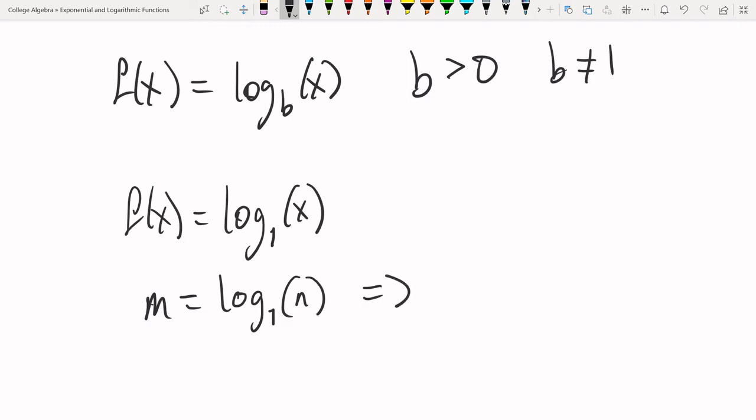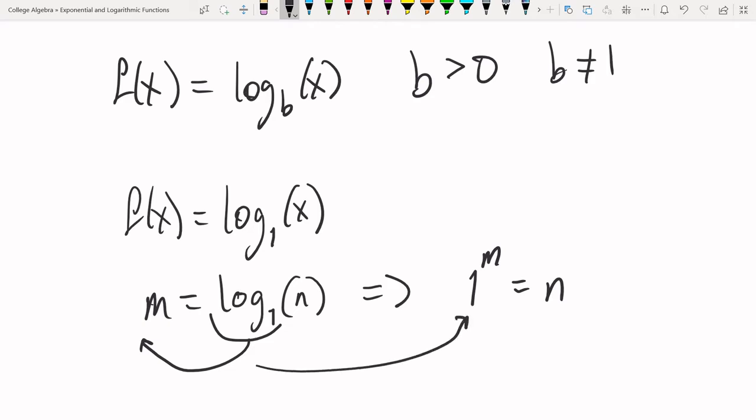What this means is the same thing as 1 to the power of m equals n. So I just took the logarithm and put it on this side as a power. That's all I've done here. But 1 to any power is 1, so this should equal 1 equals n.